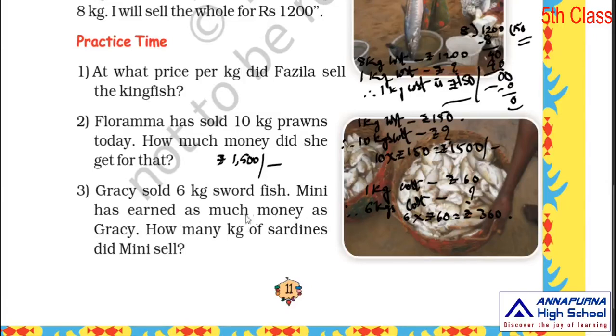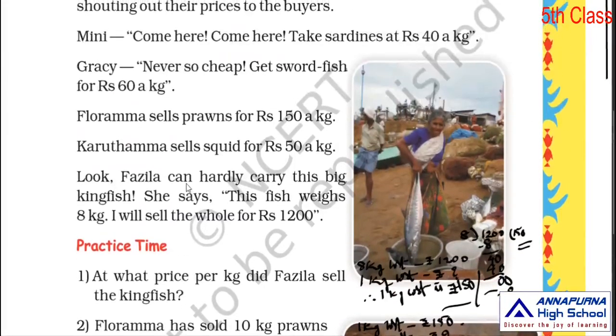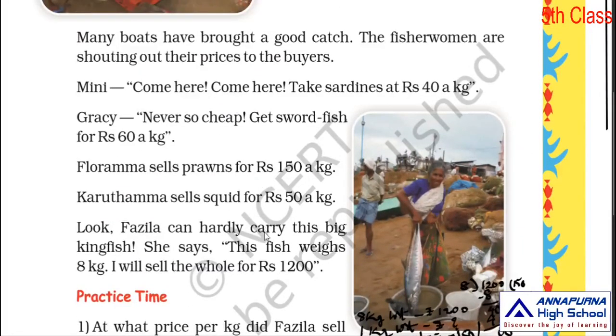A very important point is Minnie has earned as much money as Gracie. That means, how much money did Minnie earn? 360 rupees. Why? Because Gracie earned 360 rupees. Therefore, Minnie also 360 rupees. Now the question is, how many kgs of sardines did Minnie sell? Sardines are at 40 rupees a kg.